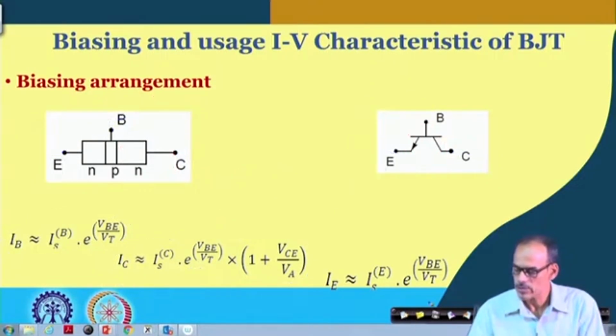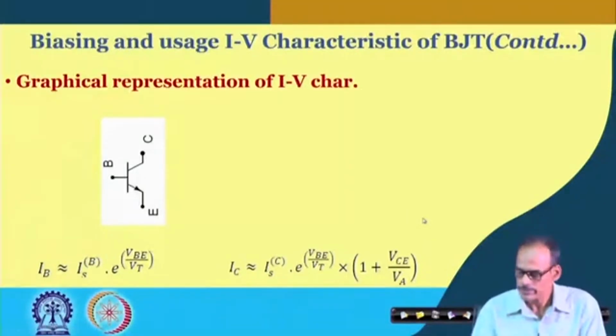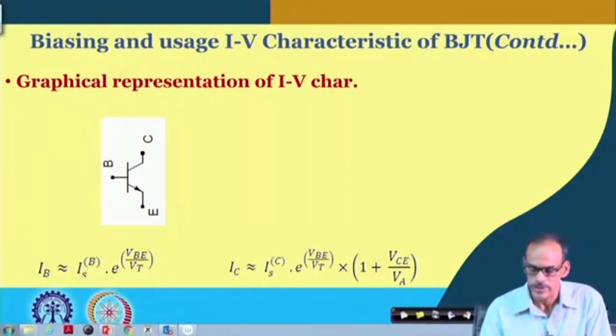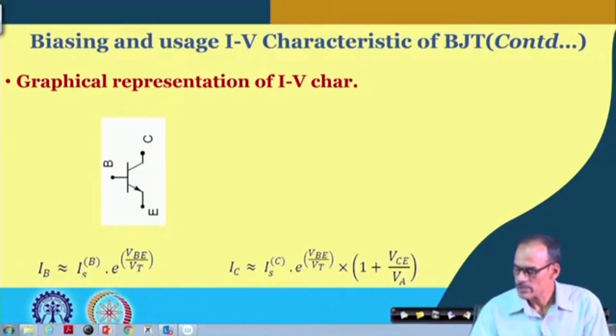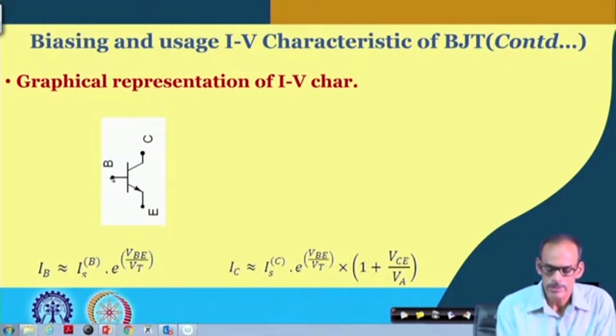Let us see what is the next thing we have. If we apply that bias, what we have is the IV characteristic, particularly its graphical representation. Now, we have oriented the device differently. We are taking the base towards the left, indicating that this will probably be one of the input terminals, and the emitter we are taking down.